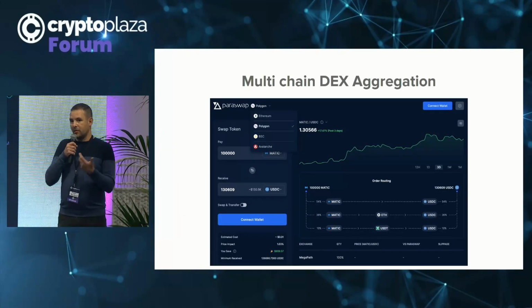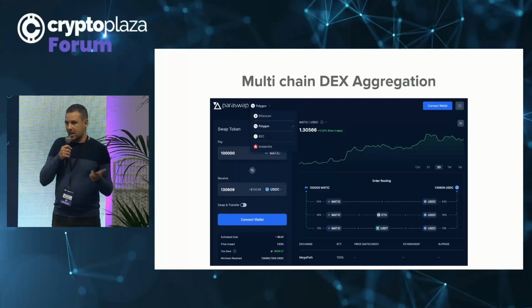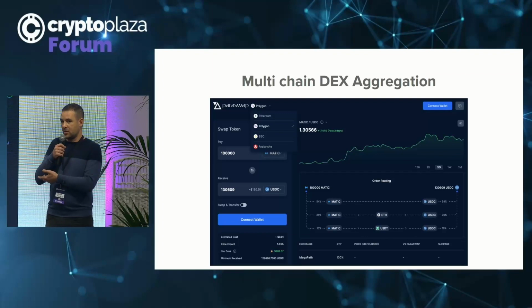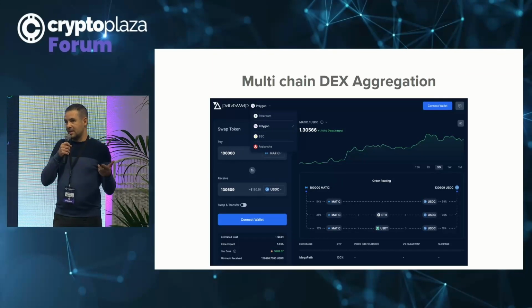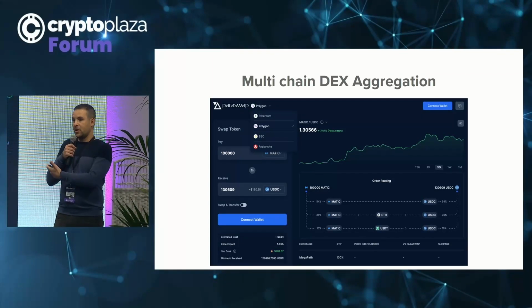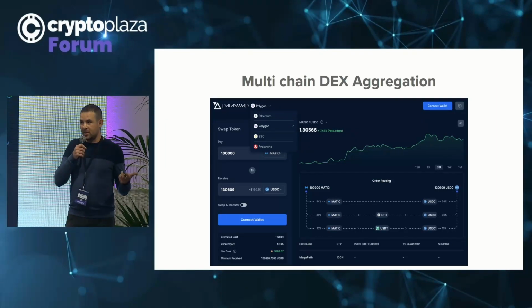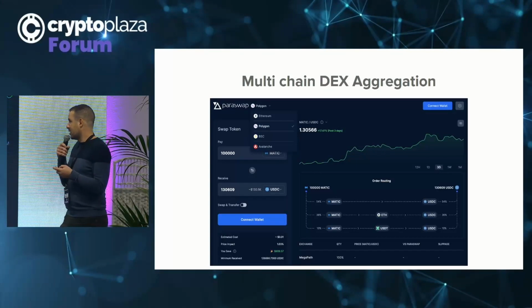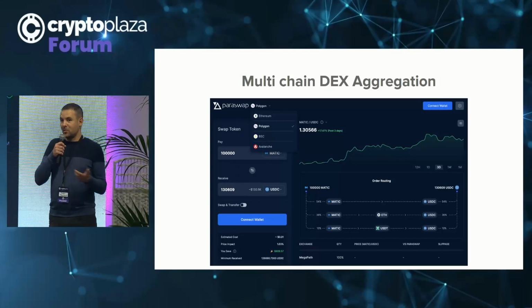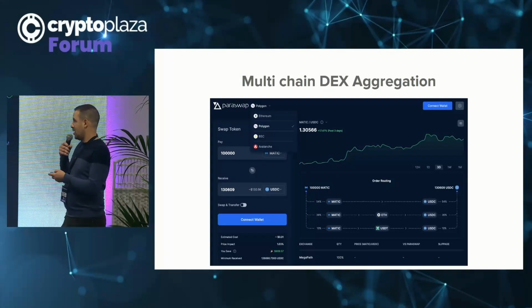But now we're seeing a lot of retail. Part of the reason is that a lot of tokens have liquidity only or mostly in decentralized exchanges. Another reason is that sidechains, like Polygon especially, have virtually zero gas fees. That was something we learned that we didn't expect.